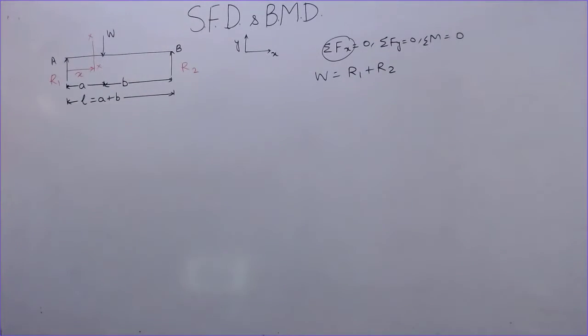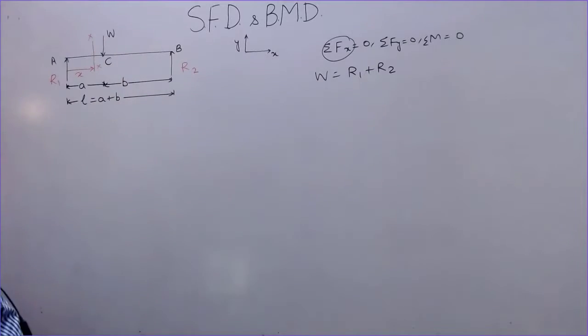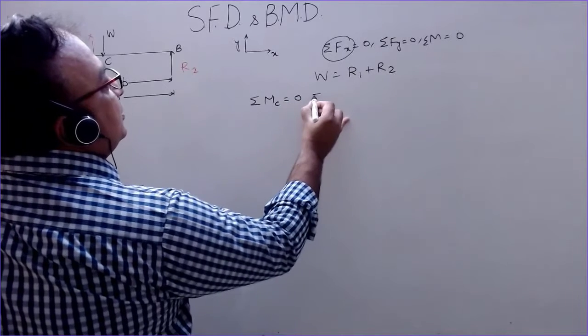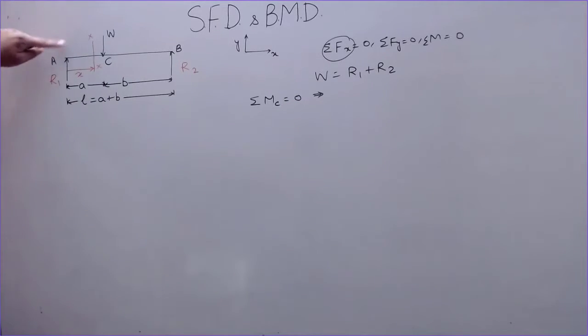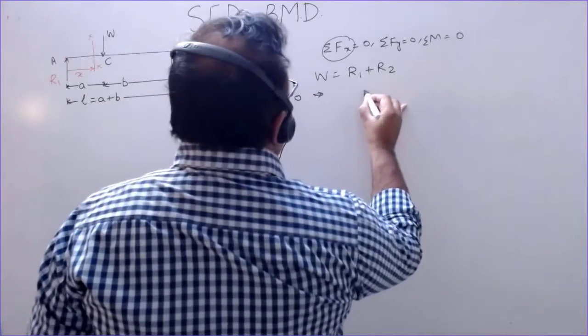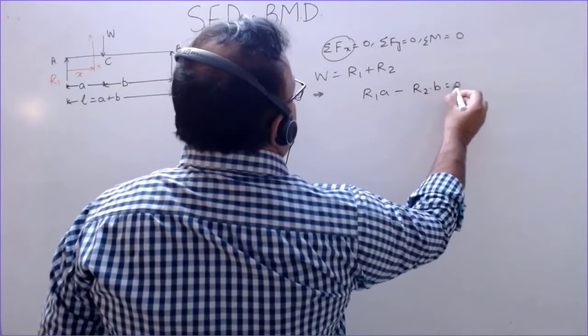Now, according to the third condition, to find the values of R1 and R2, let us take the moment about any point. Let us take the moment about point C where the load is acting. Taking the moment about C equal to 0, R1 has a clockwise moment whereas R2 has an anti-clockwise moment. So the moment of R1 is R1 into A, and that of R2 is minus R2 into B, which is 0.